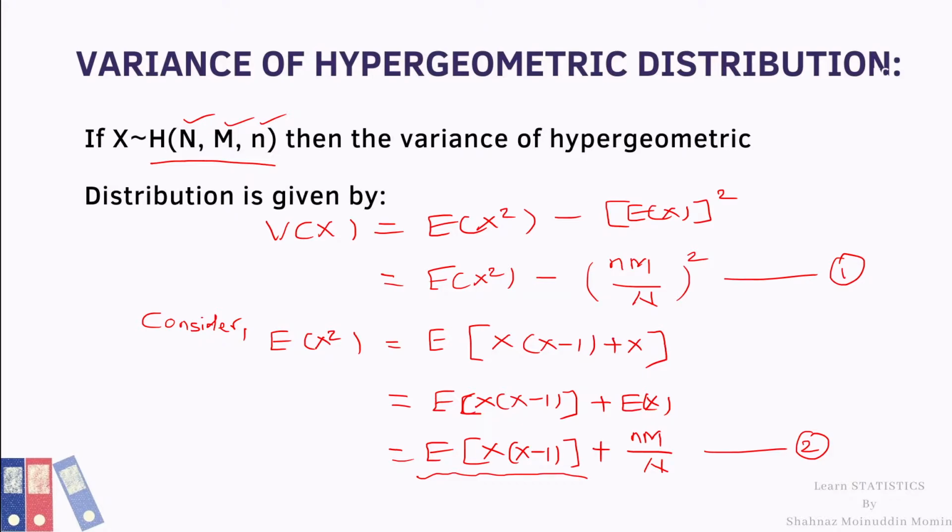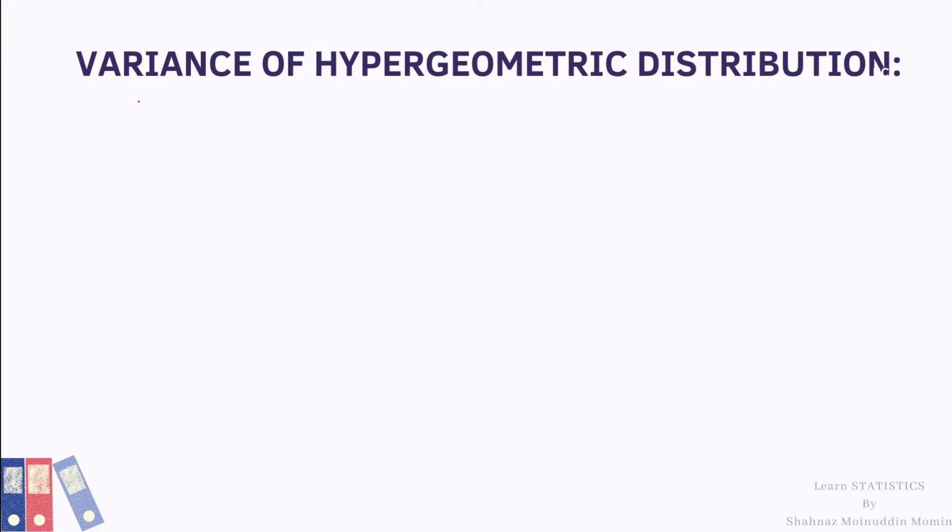So we will first calculate the expectation of X into X minus 1, which is equal to summation of x into x minus 1 into p of x.